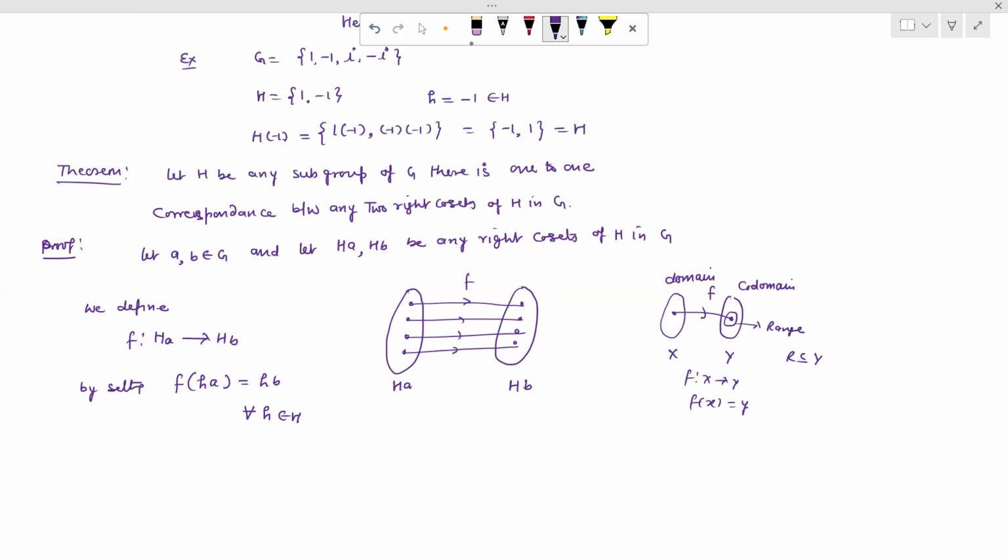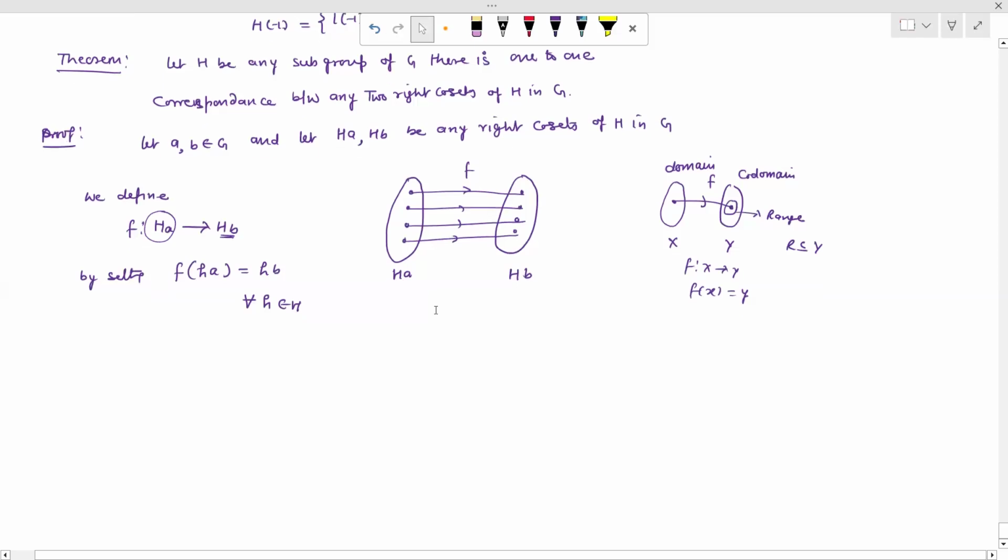Here we also define that ha is an element of this right coset of a, and hb is an element of this right coset of b, where h belongs to H. Now, it is necessary for a one-to-one mapping, one-to-one correspondence, that we assume f(h1a) is equal to f(h2a).